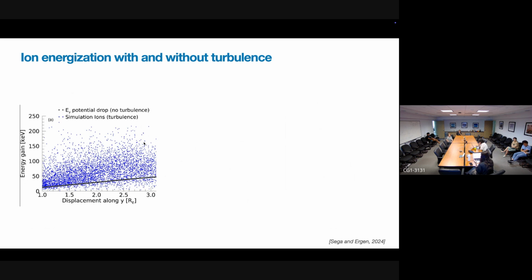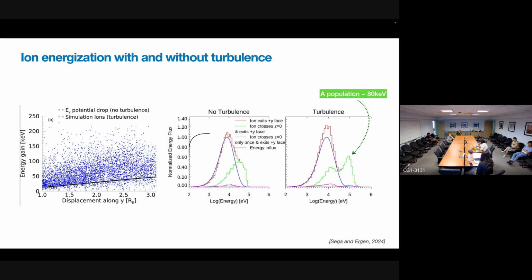And if you look at the values, the largest value you can get from the reconnection electric field is about 50 keV. But when you have turbulence, they can easily go over 200 keV. So they're gaining energy from somewhere else instead of just from the out-of-plane electric field. In addition to the enhanced total energy gain, there is an additional portion showing up when we turn on the turbulence, which is this part, about 80 keV.